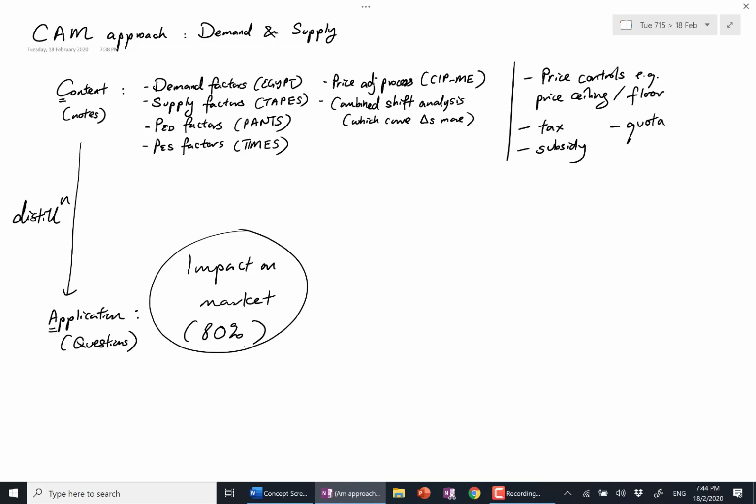A lot of questions relate to impact on the market, which means we'll spend more time on this. There is also another class of questions that relate to how to run a business. You actually learn how to run a business because you will learn about uses of elasticity concepts. Questions like that have smaller weightage and are less regular.